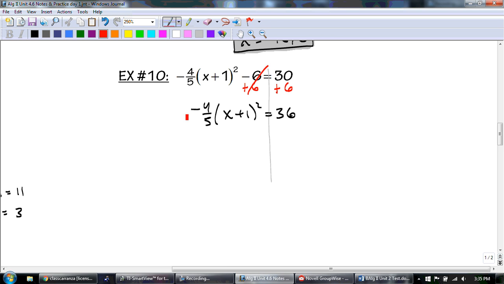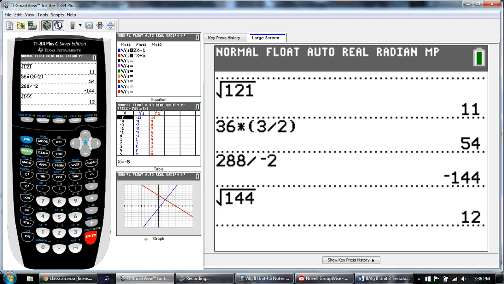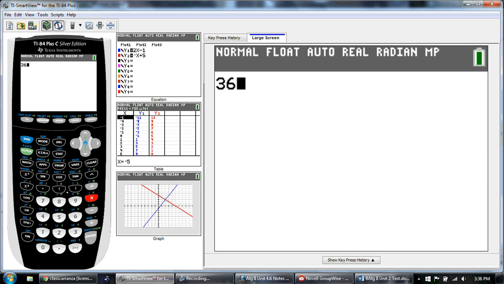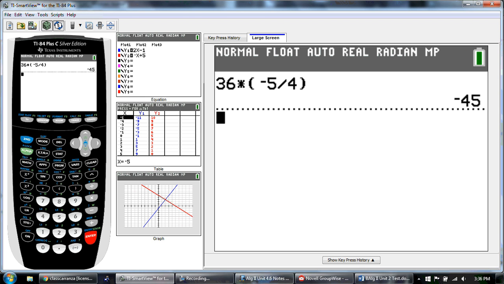Now I have that negative 4/5. I want to multiply by the reciprocal, and if it's negative, yes, it stays negative. And then we have (x + 1)² equals whatever 36 times -5/4 is. And we get -45.